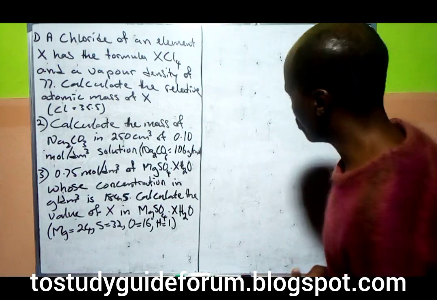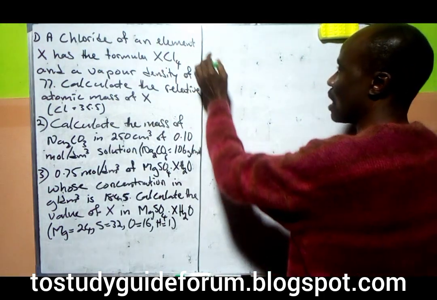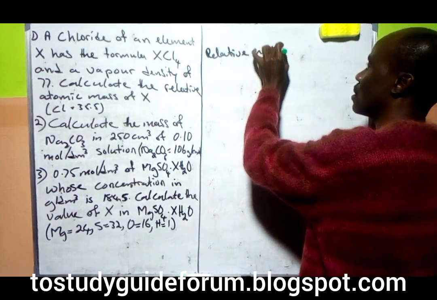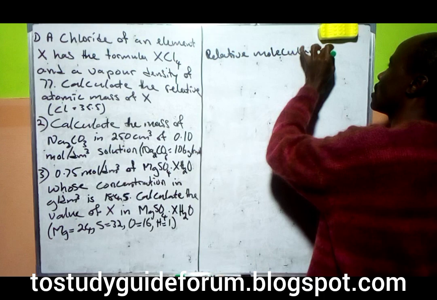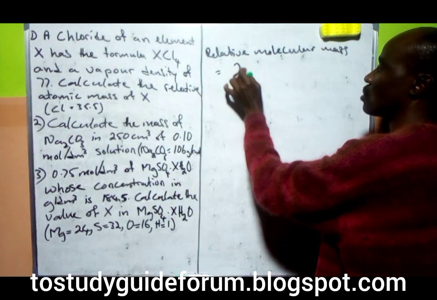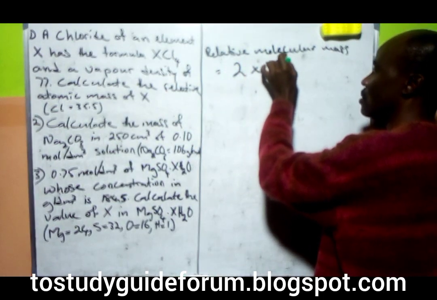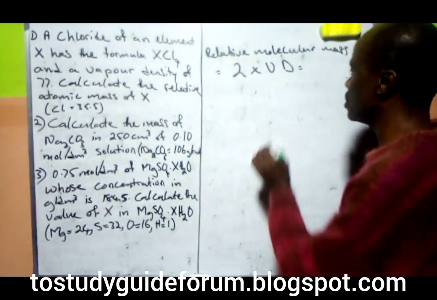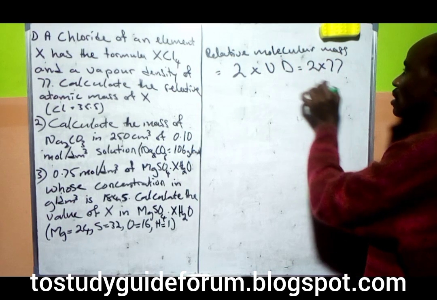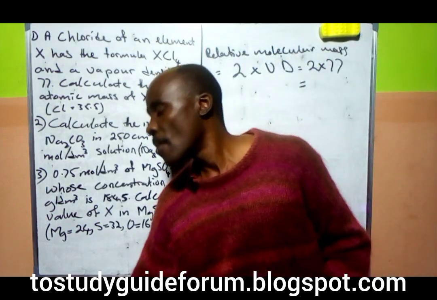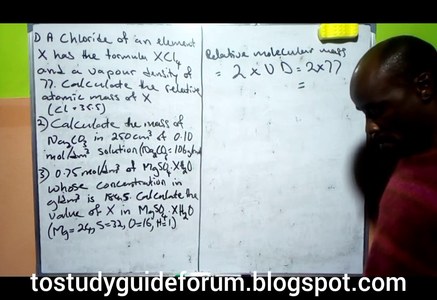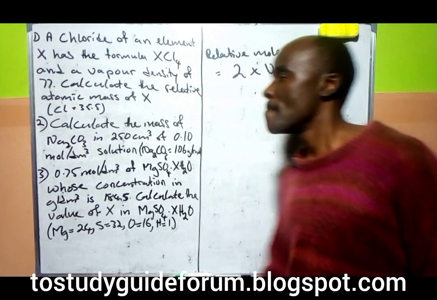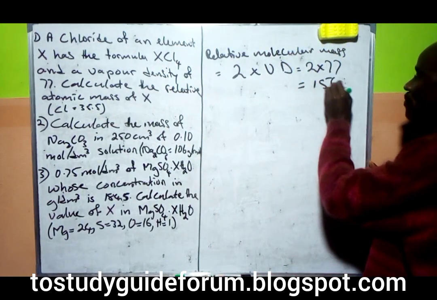Since the relative molecular mass is equal to 2 times vapor density, the relative molecular mass of this compound will be 2 times 77. 77 times 2, what we have is 154.